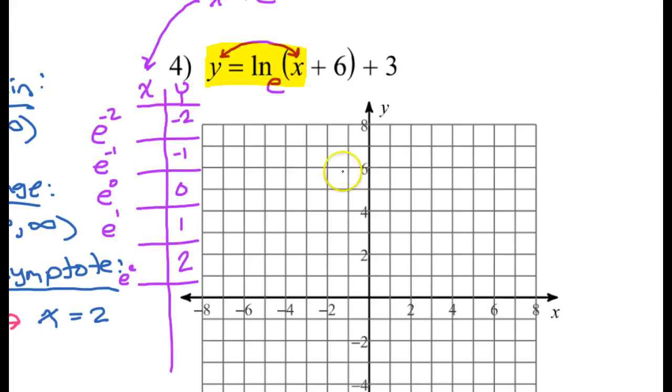Okay, and so that's the thing. e is approximately 2.72. So, you know, I know that anything to the 0 power is 1, so I can definitely do that. So e to the 1 power, all right, e is approximately 2.72. I'll call it 2.7. So this will be 2.7.